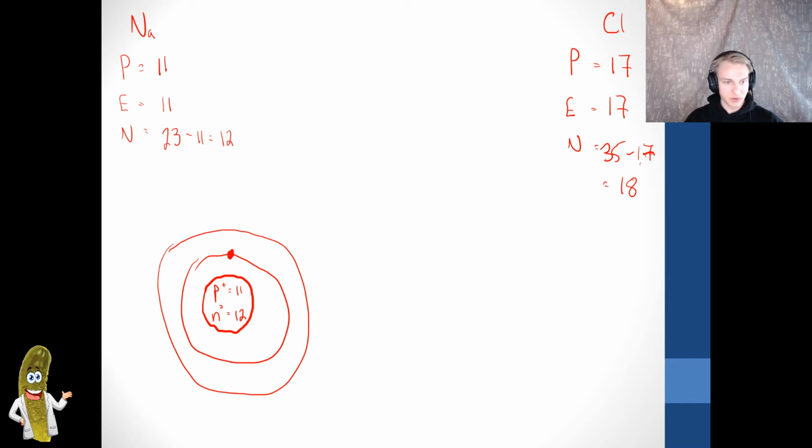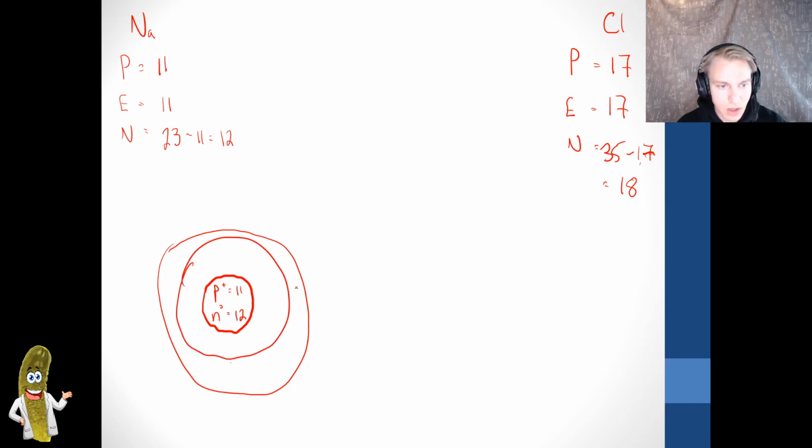I know that this first orbital can hold 2 electrons, so 1, 2 electrons. I know the second orbital can hold 1, 2, 3, 4, 5, 6, 7, and 8 electrons.